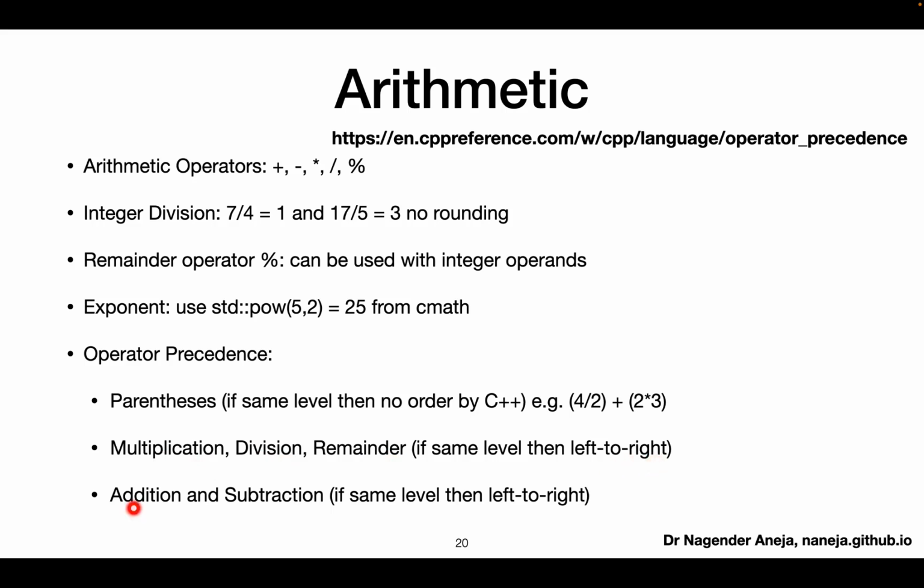The third level is addition and subtraction, and if they are at the same level, these are also evaluated from left to right. So first are the parentheses, then multiplication, division, and remainder, left to right, or whichever comes first. Then the third is addition and subtraction, whichever comes first, or we can say left to right.